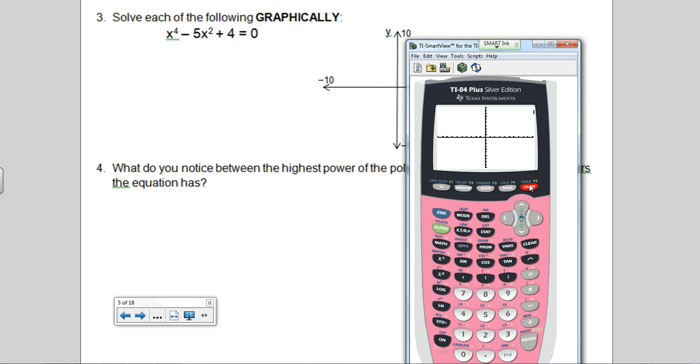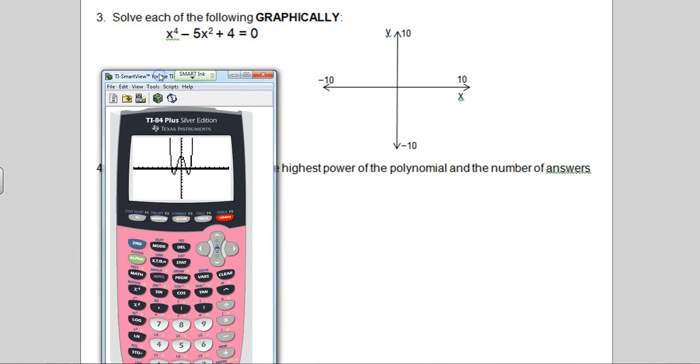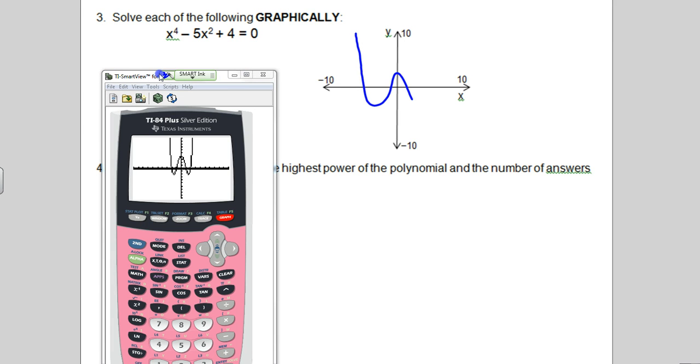And these don't always look like this, but this is kind of interesting. It kind of looks like a W. They sometimes can actually look like a U also. All right, so there's my quartic. Y equals x to the 4th minus 5x squared plus 4.